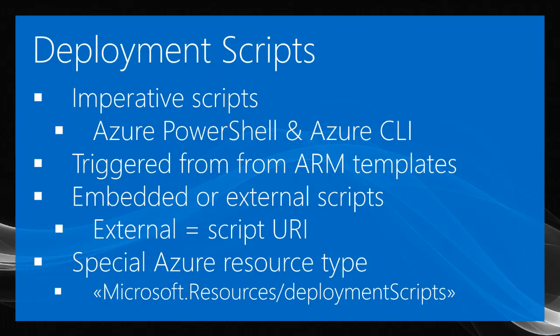And there are two ways to activate a script. Scripts can be embedded in the code, or they can just be triggered by using a URI. So either the scripts can be embedded inside your ARM template, or you can just reference the script by using a URI.